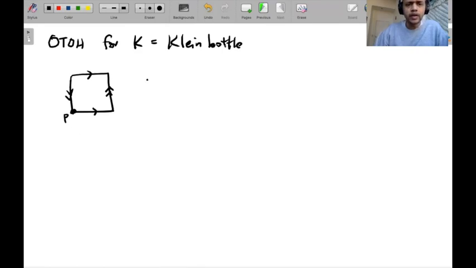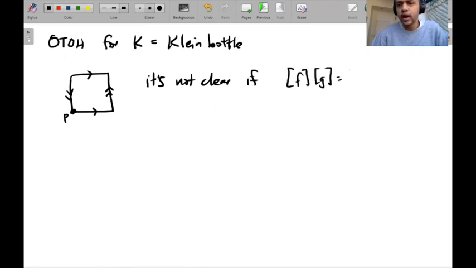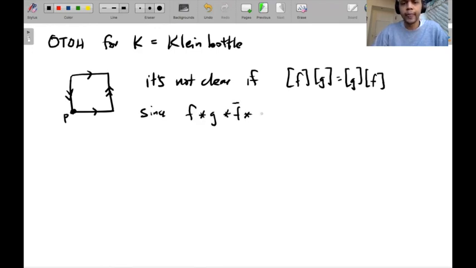So on the Klein bottle, it's not clear if FG is GF, since the loop F, G, F bar, G bar doesn't obviously extend to a disk.